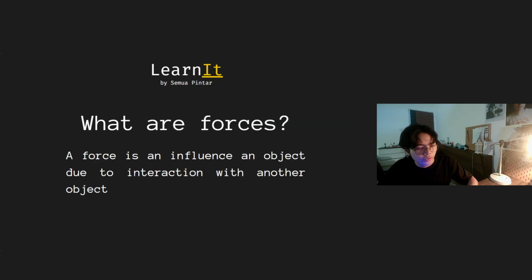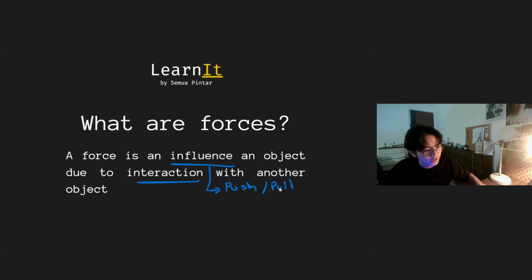Okay, so what are forces? A force is an influence an object has due to an interaction with another object. We should take the keywords influence and interaction. From influence, we can deduce it's a push or pull factor.